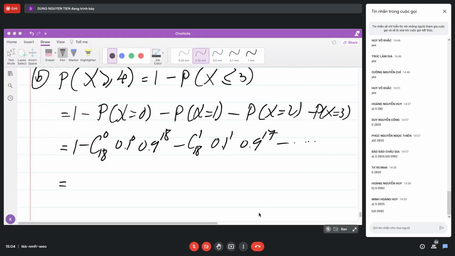And if you want to use R, what do you get? If you want to use R, then it should be 1 minus the value you want to deal with is 3, right? And then n is 18 and p is 0.1. Then you come up with, wait a minute. What is the answer?